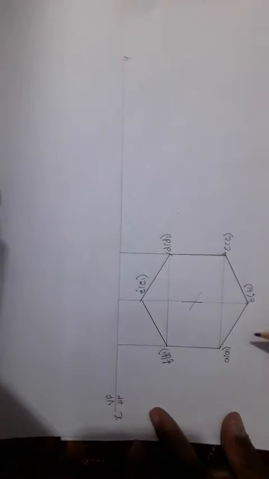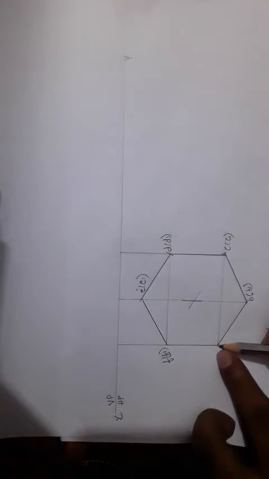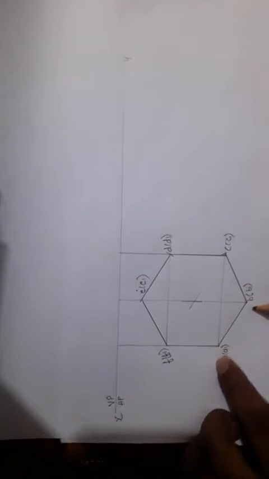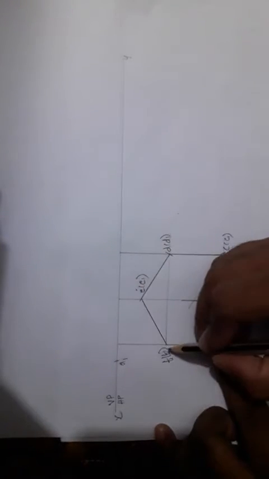A is visible in the front view condition. So A is a visible point, so that should be written A1 dash. F is an invisible point, that should be written F1 dash.